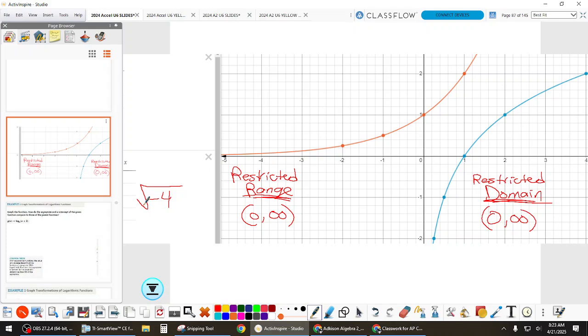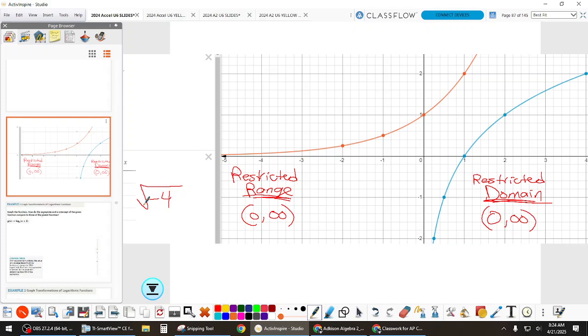Primary occurrence or use of a domain restriction? Vertical asymptotes and poles. So it was in our rational functions where the denominator could not be 0, right?